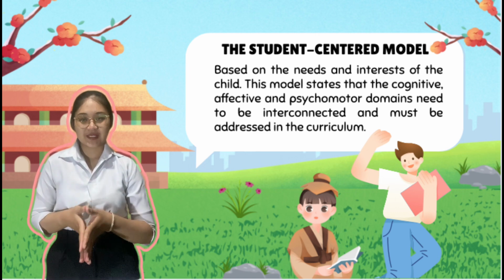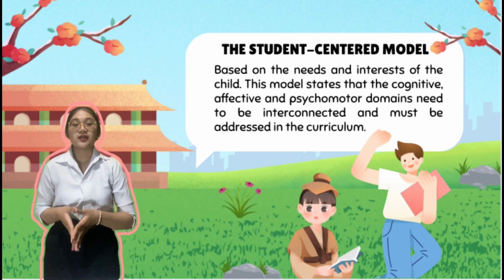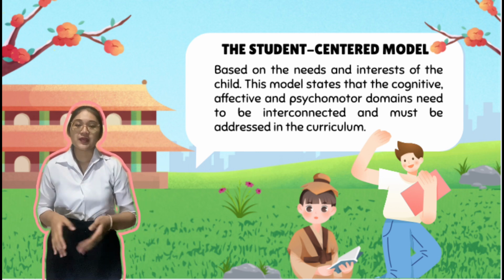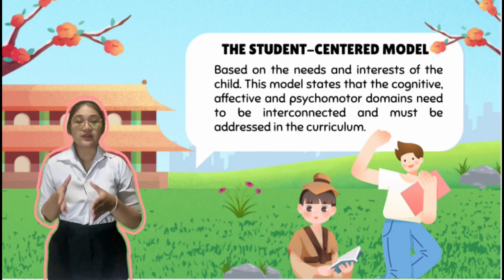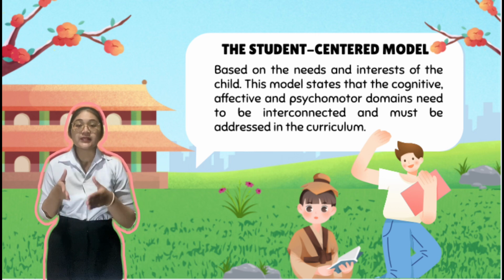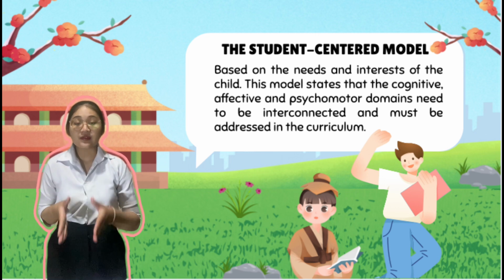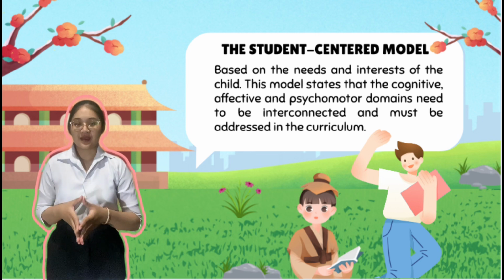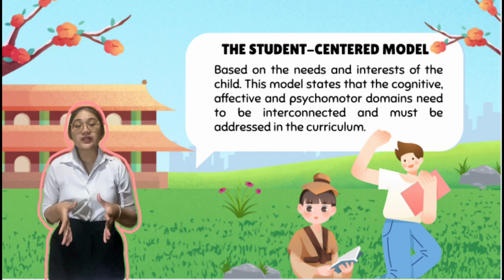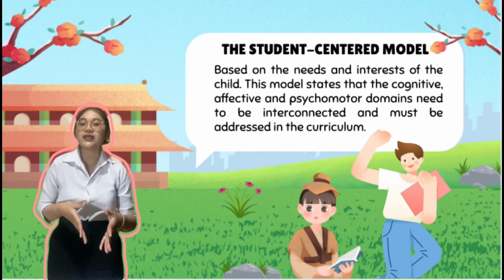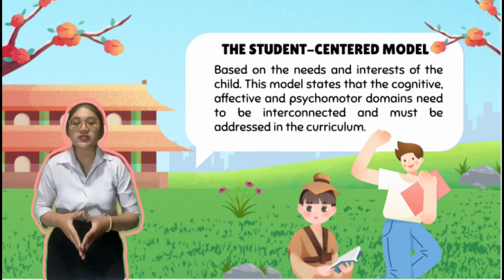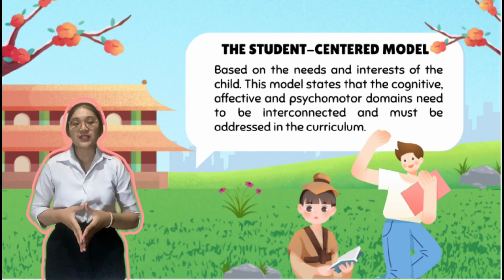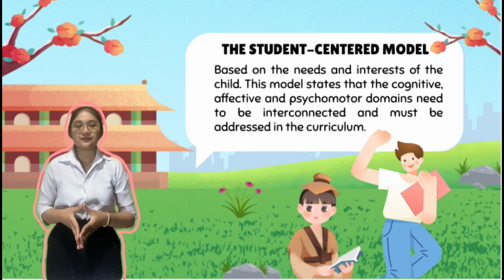Rousseau, Pestalozzi, John Dewey, and Froebel are the proponents of the child-centered design or model. It is based on the needs and interests of the child. The learner is considered as an active individual, one who engages with the environment. The integration of thinking, feeling, and doing of the whole person is emphasized for developing the positive self-concept and interpersonal skill.